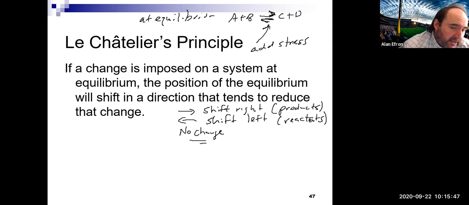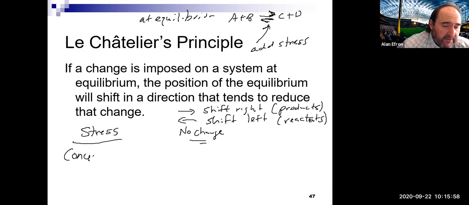So what are some stresses that we commonly talk about when we have a system at equilibrium? When we talk about things that are stresses, that is concentration. So we can either increase the concentration or remove the concentration. When we talk about volume and pressure, those guys are usually related to each other.